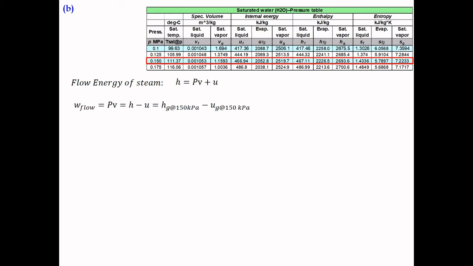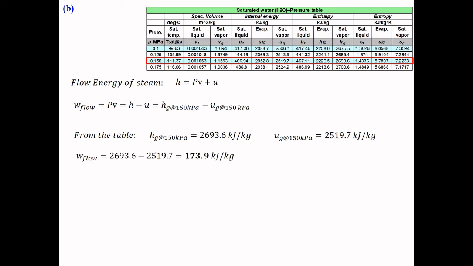The values of Hg and Ug we can determine from the saturated water table based on pressure. From the table, Hg at 150 kilopascal equals 2693.6 kJ per kg, and Ug at 150 kilopascal equals 2519.7 kJ per kg. Just substitute into the equation of flow work: 2693.6 minus 2519.7 equals 173.9 kJ per kg.